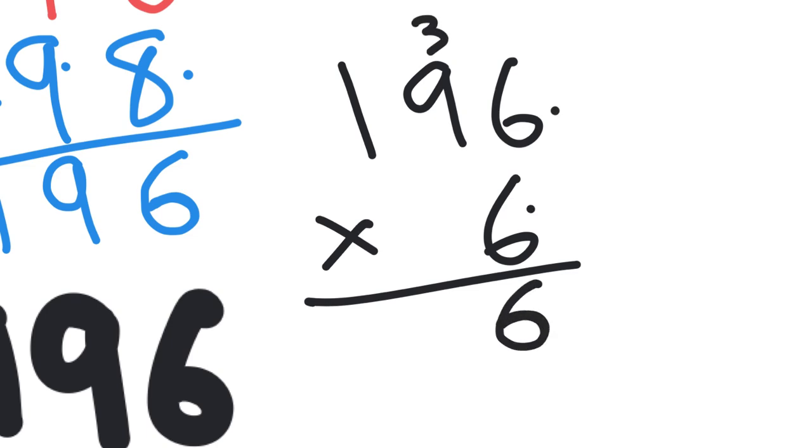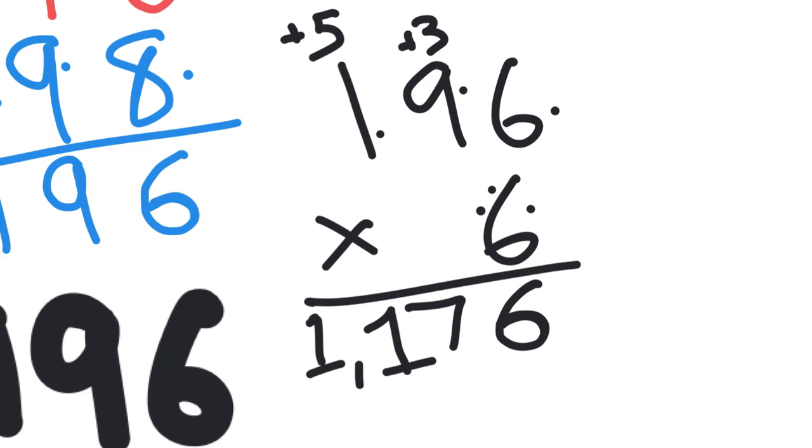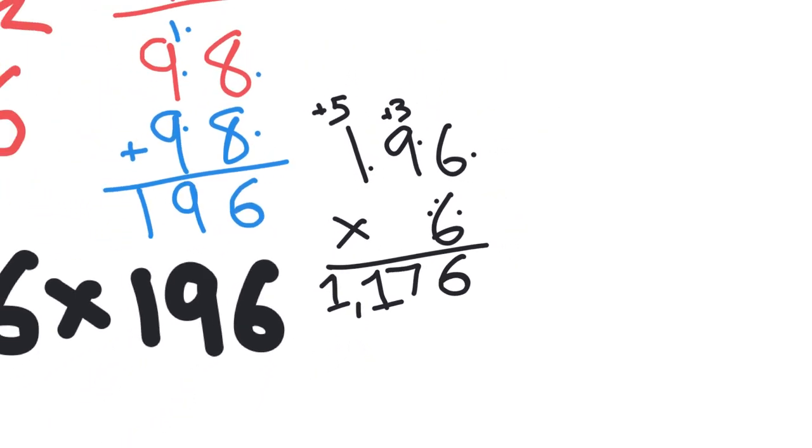Carry the 3. 6 times 9 is 54, but don't forget to add your 3, which is 57. Carry the 5. 6 times 1 is 6, but if you add 5 to it, that's 11. So our answer is 1,176 for the black rectangle.